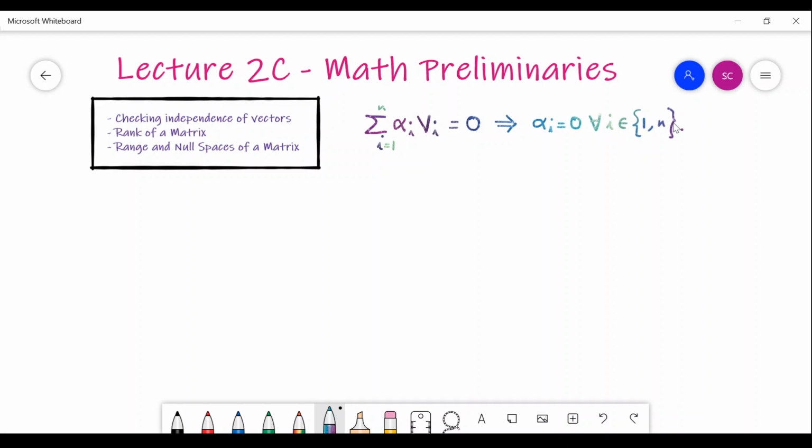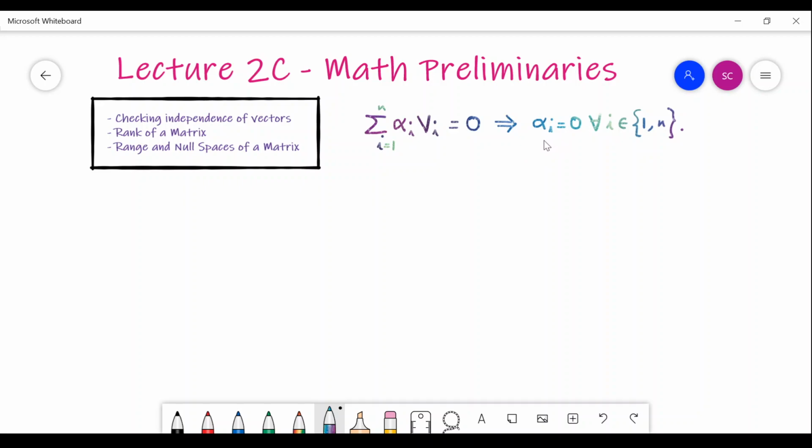But here also there is a problem: how can you verify that only this is the solution? Of course this is one solution always. If you always put alpha as 0, you will get 0, but is it the only solution? So what I am saying is that for independence I need the alpha to be only 0.